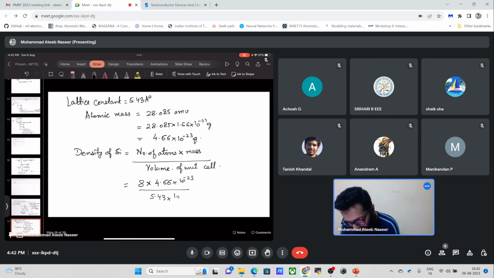It would be 10 to the power of minus 8 centimeter cube, so that this has the units of gram per centimeter cube.